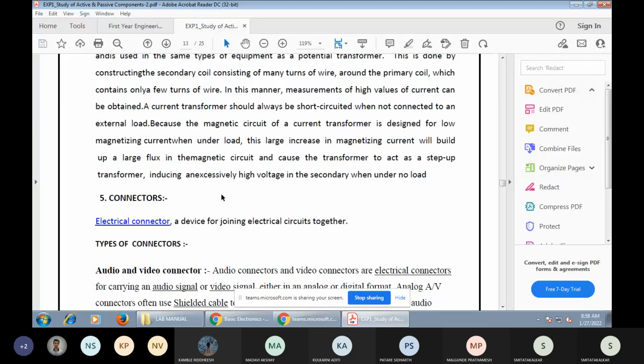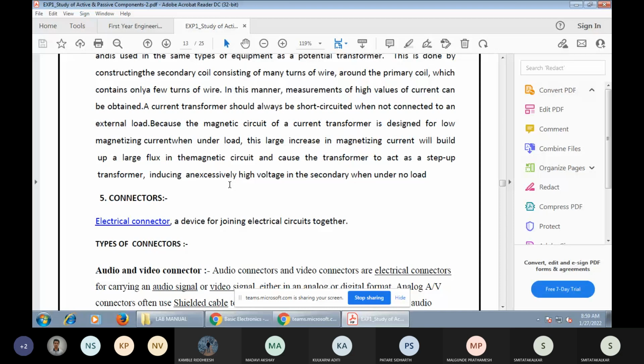Only these two transformers you can use in electrical and electronic circuits because they operate with high voltage and high frequency performance. That's why this type of transformer is used in electrical and electronic circuitry.